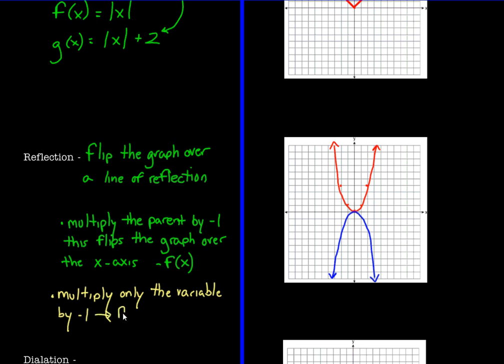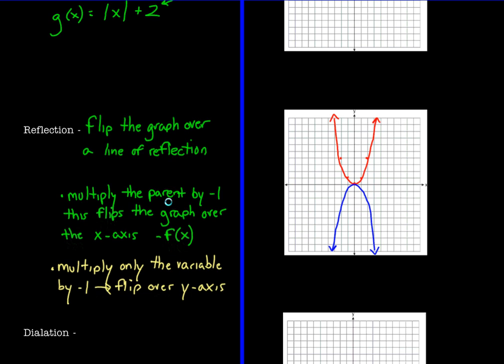You flip over the y-axis. Now this wasn't a very good example of that, because if I flip this thing over the y-axis, it just looks like it's the same thing because it would just fold on top of itself. But we'll see that coming up in a few examples. Remember, if you multiply the entire function by -1, it flips over the x. If you multiply just the x, just the variable, it flips over the y.